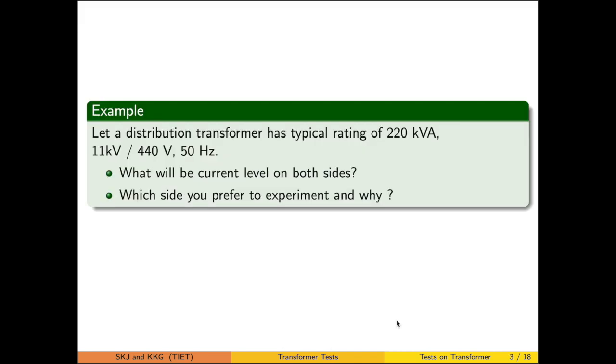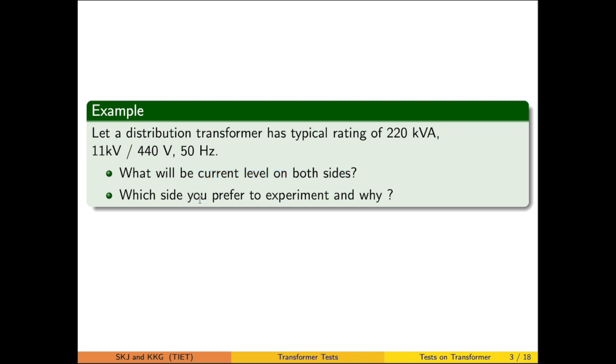With the help of this example, much clarity will be thrown on the various aspects of the experimental procedure of the test. This particular distribution transformer has a typical rating of 220 kVA, 11 kV, 440 volt. So let us calculate the current level on both sides.